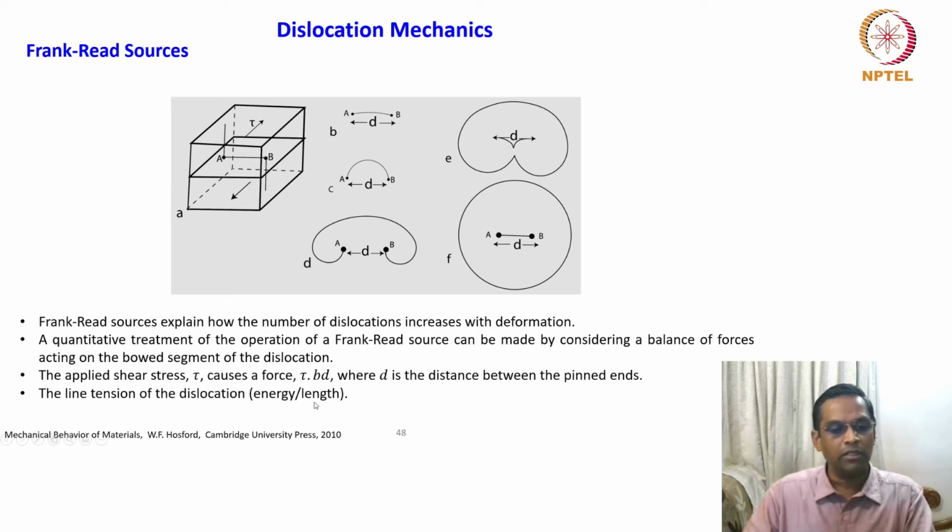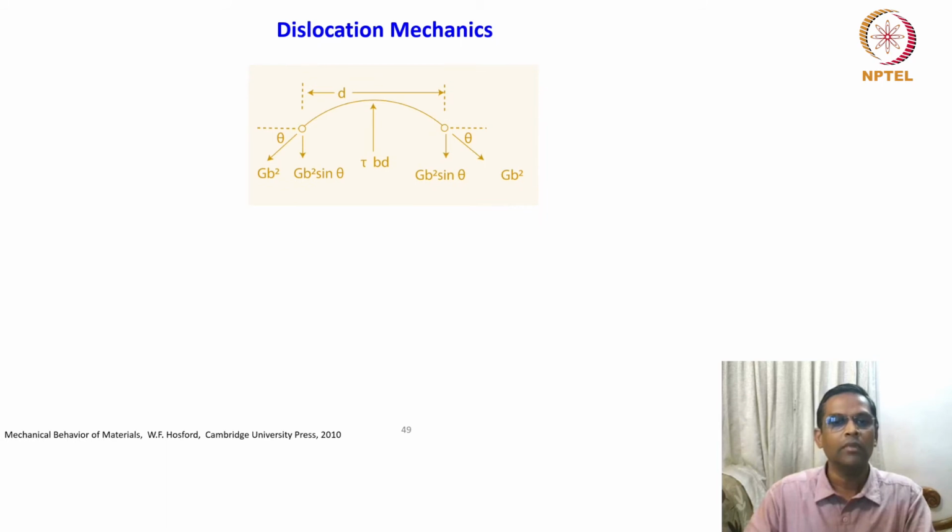The line tension of the dislocation, energy per length, we already know. It's a repetition here. So the line tension T is G b squared, and if you consider this angle theta, it becomes G b squared sin theta.